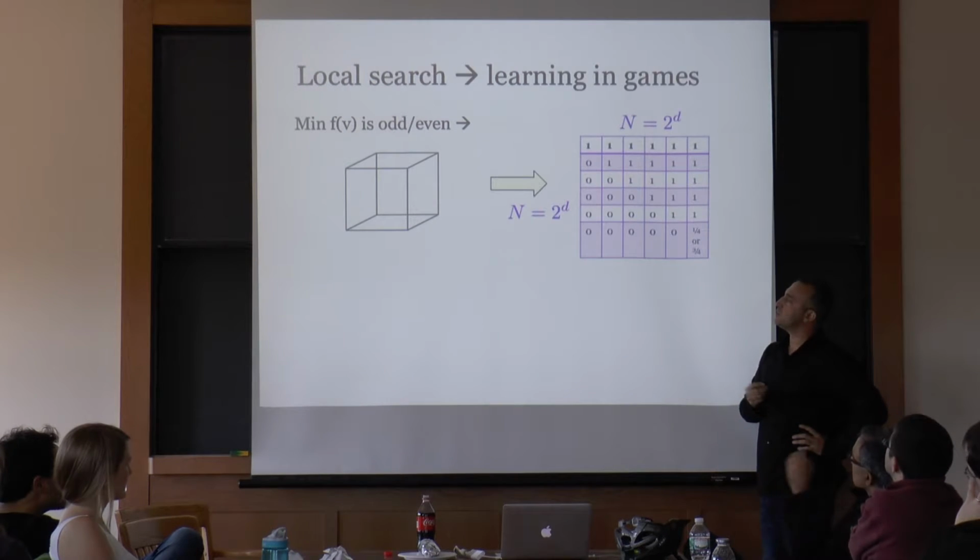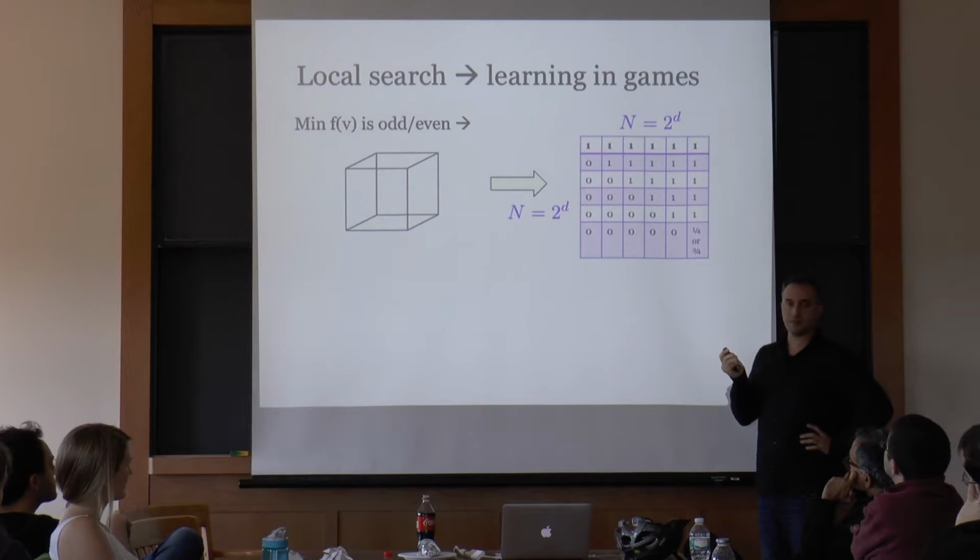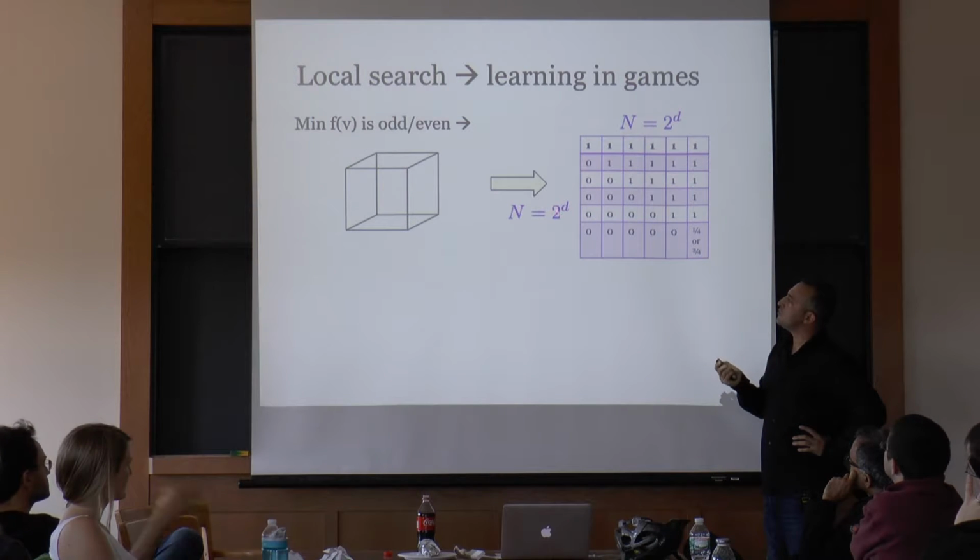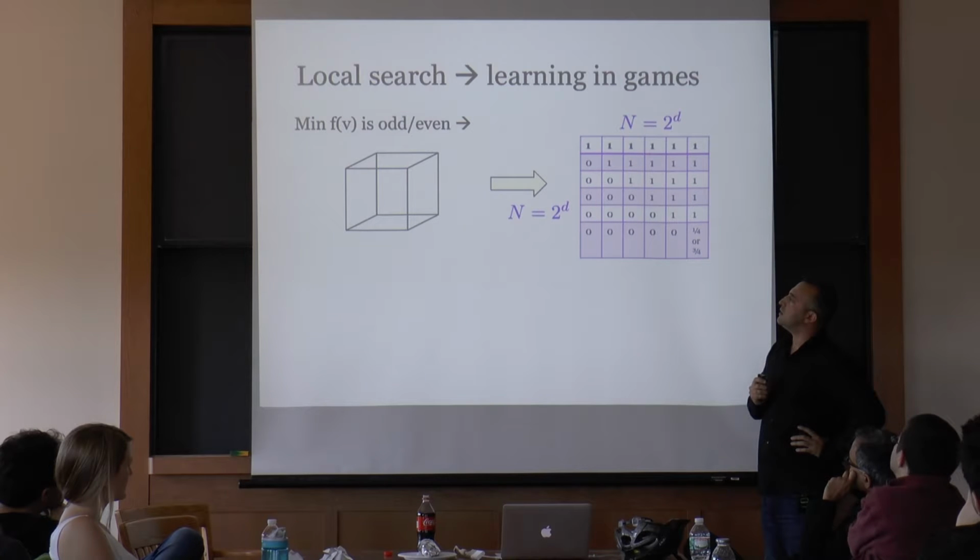And here is how we used his construction to create a game, an instance of online learning. So n is going to be 2 to the d, and we create a zero-sum game, and we have this many strategies, all vertices here and here. And the question is: is f of v odd or even?